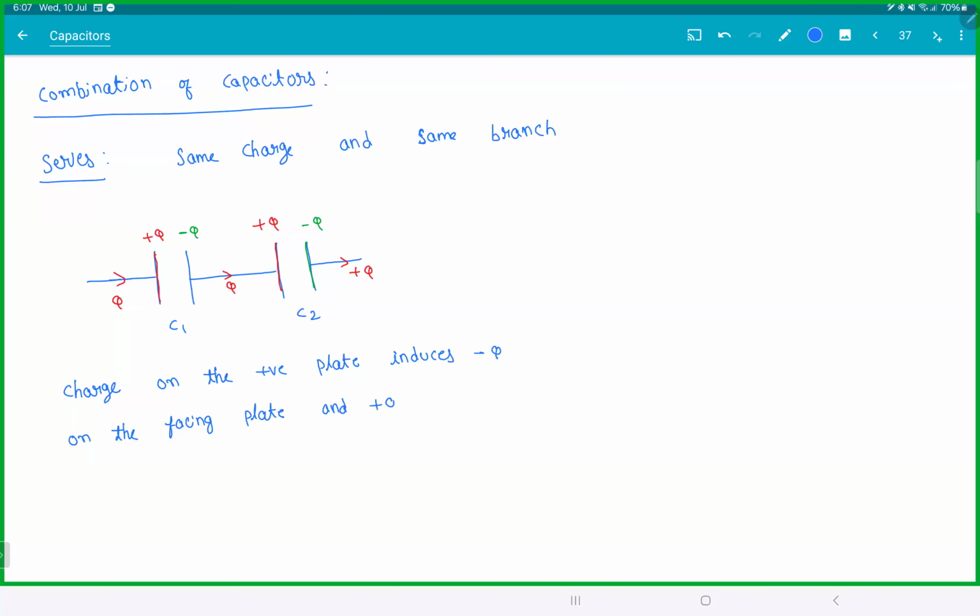Because you're getting a minus Q, the total should be zero because it is neutral.